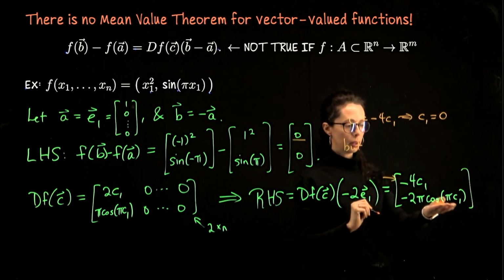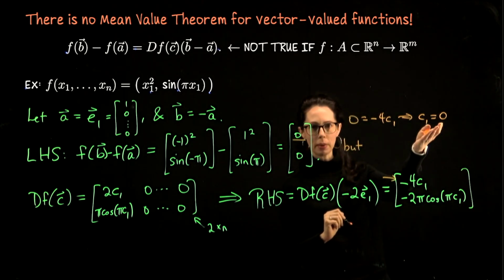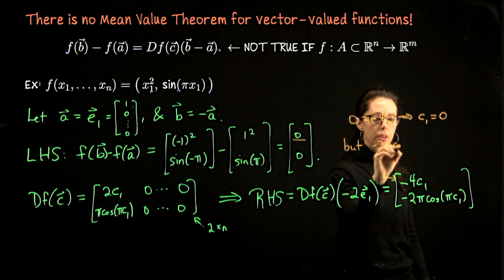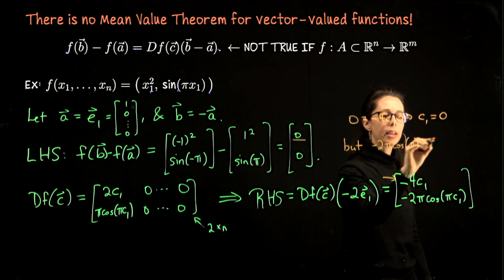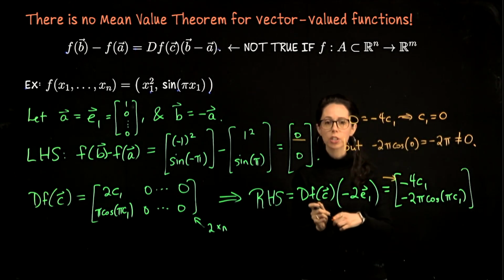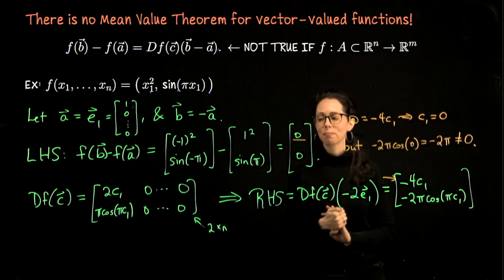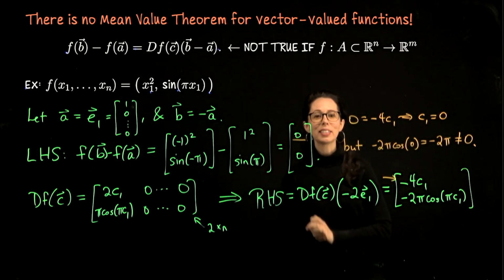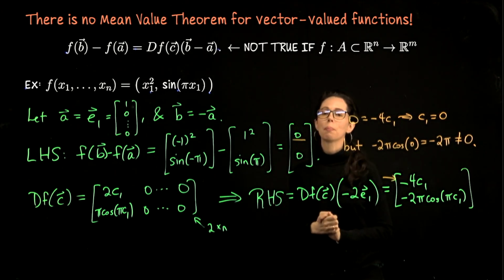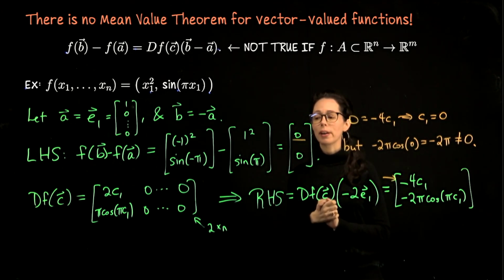If you plug 0 in for c1, which it must be for the first line to be satisfied, we would have negative 2 pi times cosine of 0, which is negative 2 pi, not 0. So this system of two equations has no solution. That's really all we need to do to verify that something is not true: find a counterexample. Here's a counterexample. So there is no mean value theorem for vector-valued functions. Thank you for your attention.